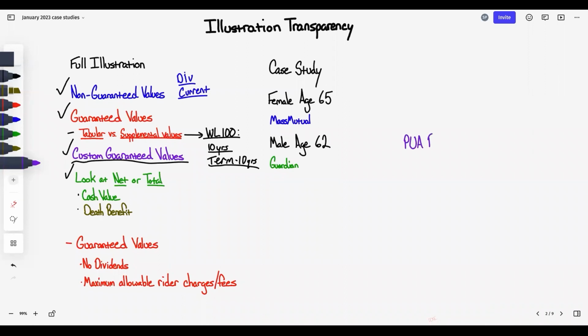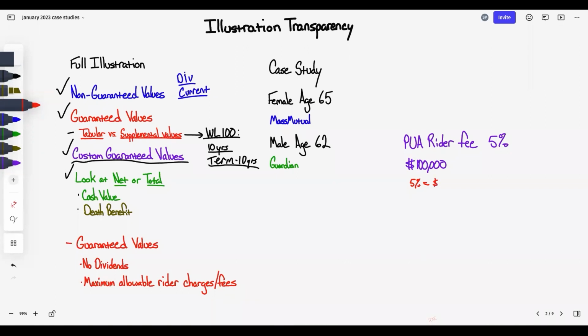If we take a PUA rider fee with Guardian, let's say it's their 5% PUA fee. If you pay in $100,000 into a PUA payment, a large PUA deposit, 5% of that is what? Well, that's simple math.